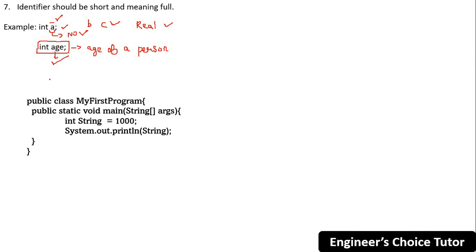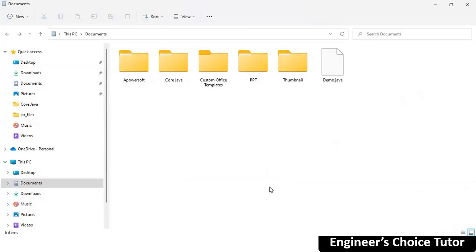Now the next rule. See here, I am taking one variable, int string is equal to 1000, and then I'm trying to print this. String is a predefined class, right? So you have to tell me, is it valid or invalid? Let's go again to our program demo.java.